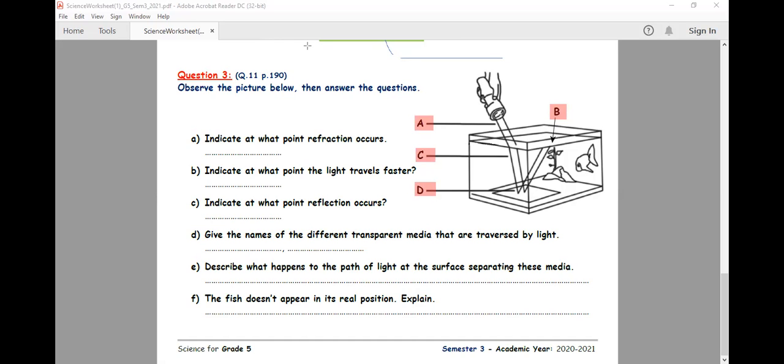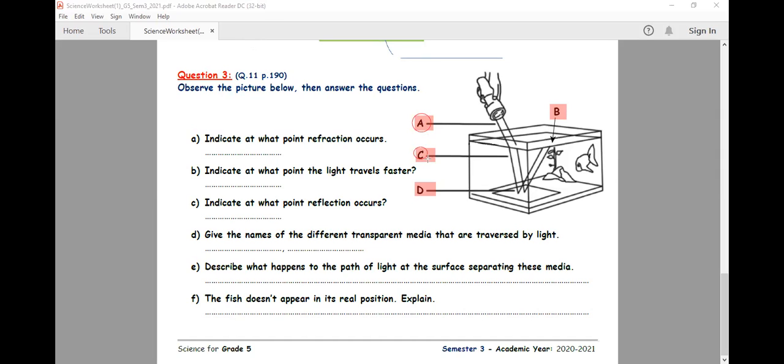At which point does refraction happen? When do light rays bend? At A, B or D? I'll repeat, listen well. At A the light is in the air.